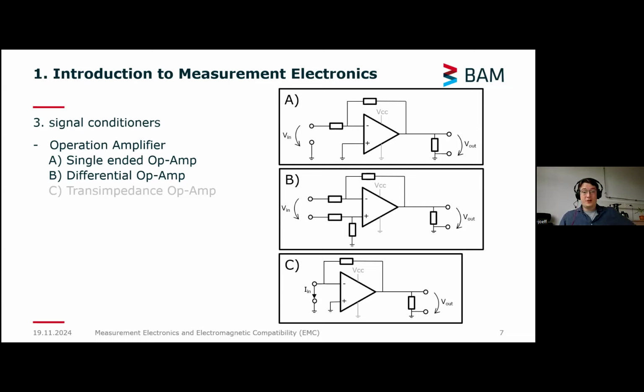And the last one I included is the transimpedance converter. It's also an operational amplifier, which converts tiny currents into voltages. This is only an overview. I will go a bit deeper on those a bit later.